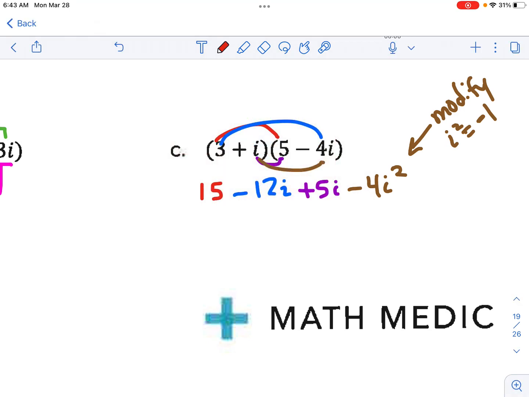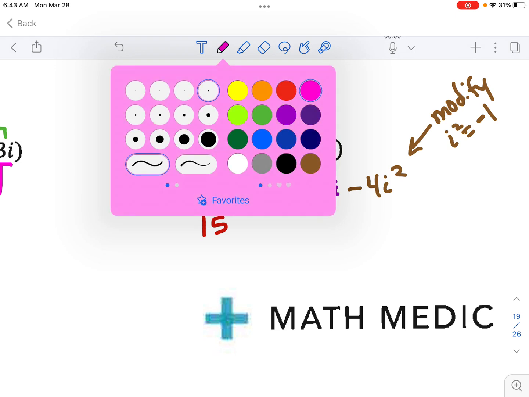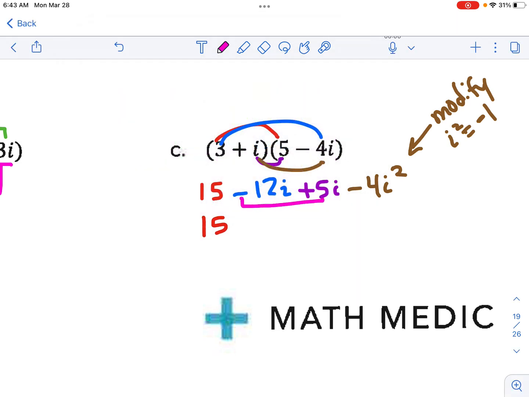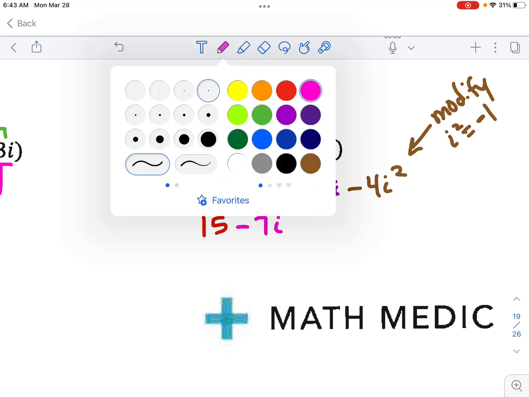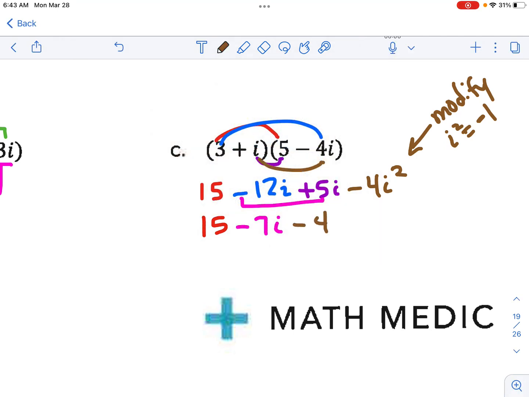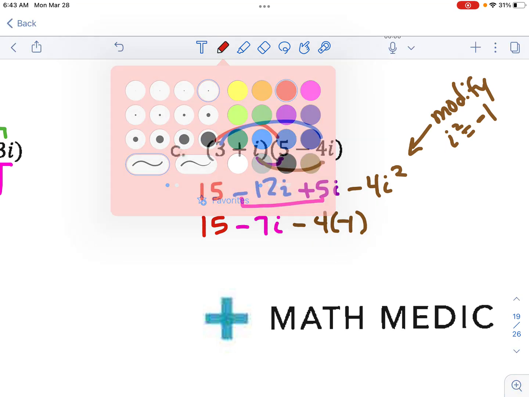So what we're going to do as we simplify this, we got a 15 here. We've got combining these terms, which is minus 7i, and then simplifying that last term, this is going to be minus 4 times minus 1.